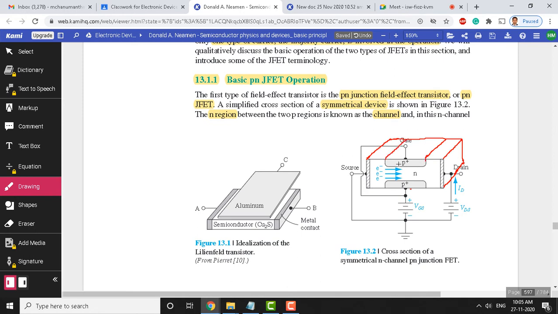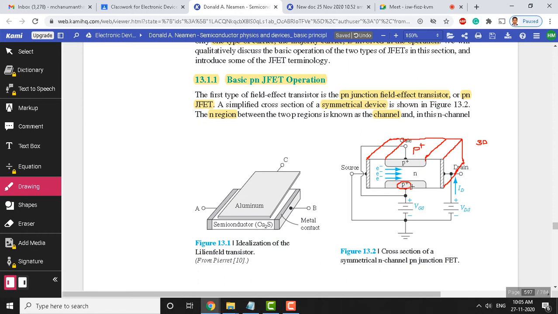Now you get some idea how exactly this 3D view looks for an N channel PN JFET. You can see there is a top P plus, this complete region is P plus, and the bottom is also P plus, that is why it is called symmetrical.